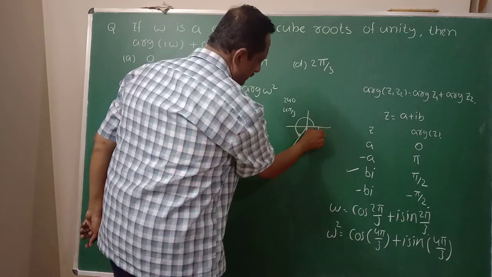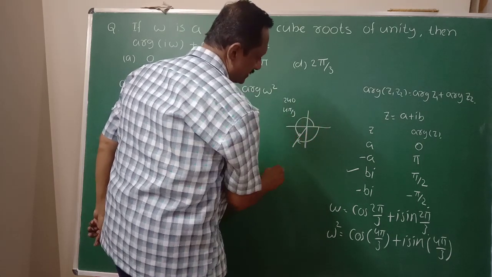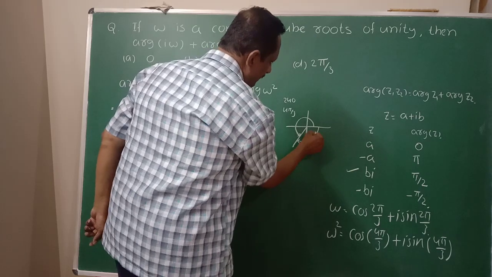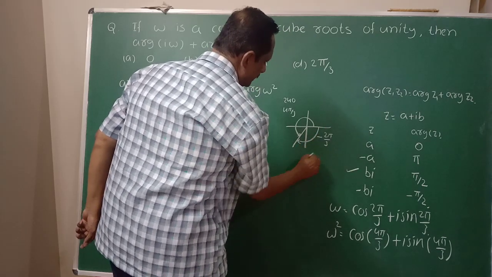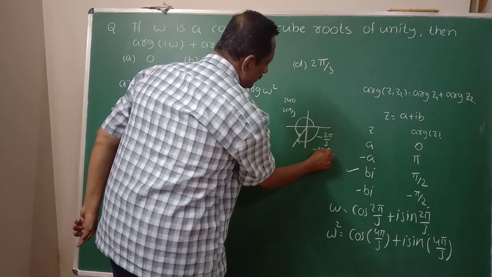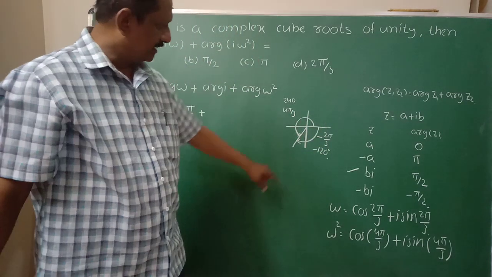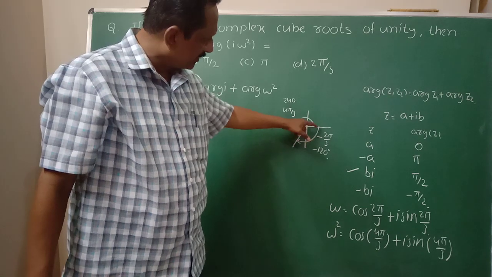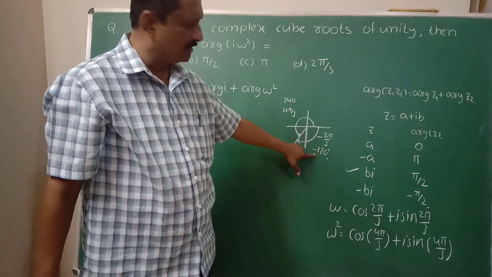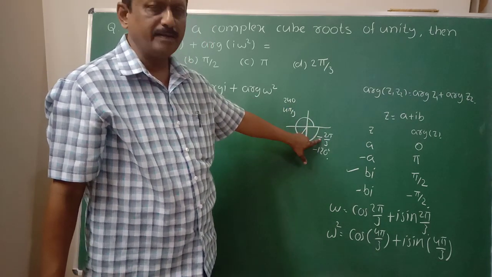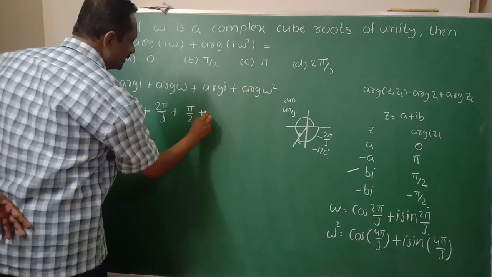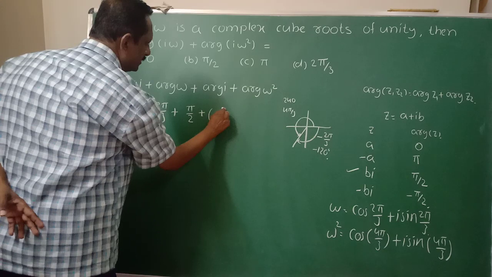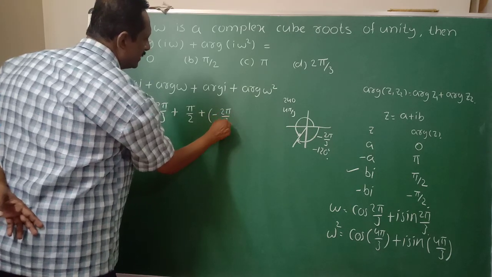Suppose if you take the clockwise direction, in this direction it is minus 2 pi by 3, that is minus 120 degrees. Here this angle is 240 degrees, then obviously this angle is minus 120 degrees or minus 2 pi upon 3. Therefore, argument of omega square is minus 2 pi divided by 3.